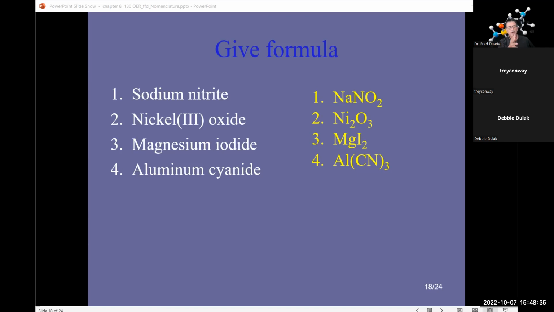So the point here is, when you're given the name, break them up into the respective ions to determine how many of each you need, and then put them together with the right ratio. And be able to go in both directions. Here we're going from name to formula, but be able to go from the formula to the name, back and forth.